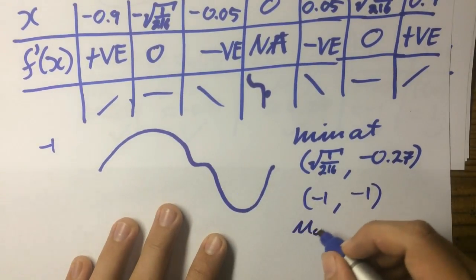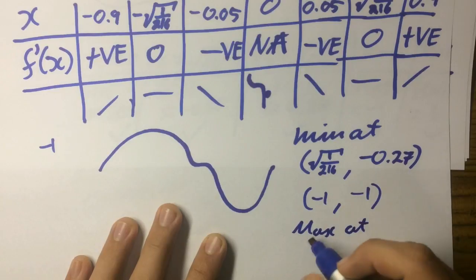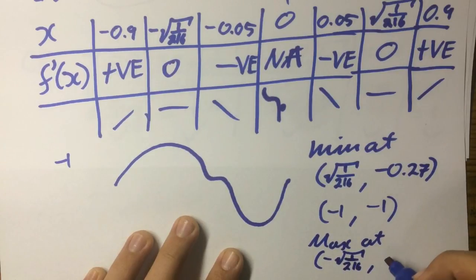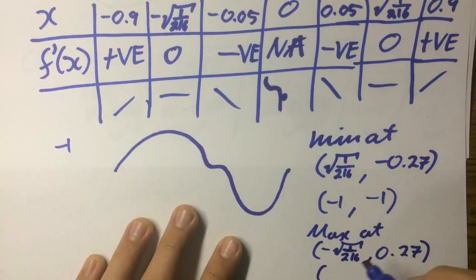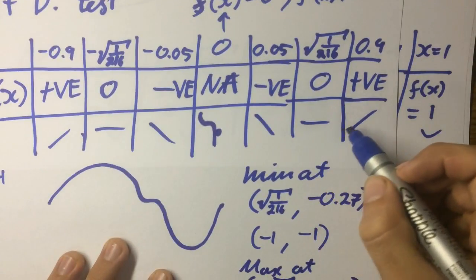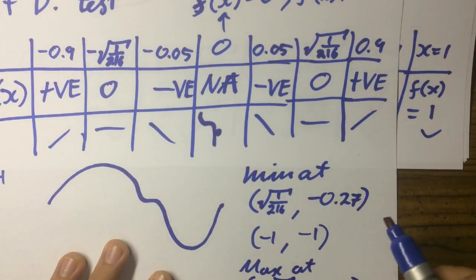And our maximums are located at, well, we have a maximum here at -1 on 216, and that'll be a positive. And the other maximum is located at 1 and 1, because it's up here where x equals 1 and it's coming up to that point, therefore that's a maximum.